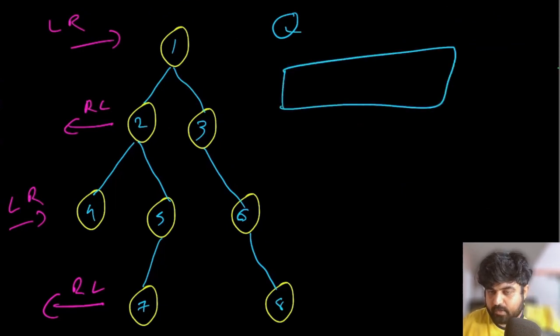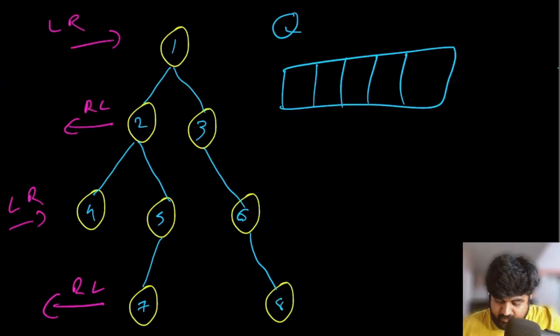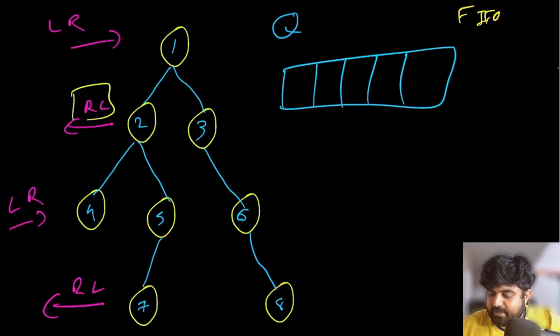We are going to add all the entries, and the only simple thing we are going to do is, whenever we have to move from right to left, we are going to pop the value from the end of the queue rather than popping from the beginning of the queue, because we are flipping between the FIFO and LIFO principle. And the one data structure that is capable of doing this is a deque, in both Java and Python. So you can use either one of them.